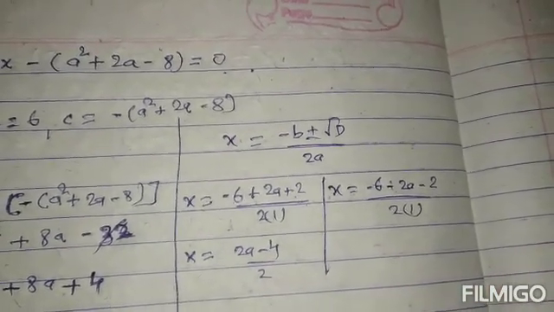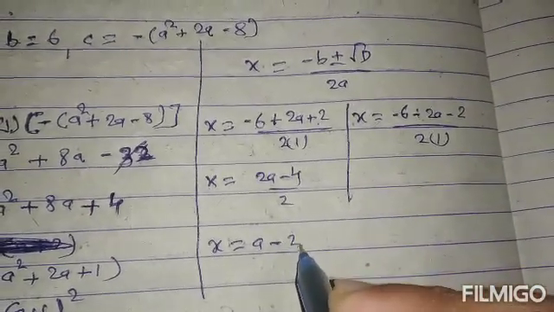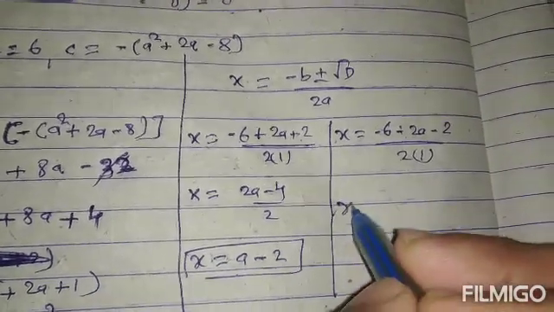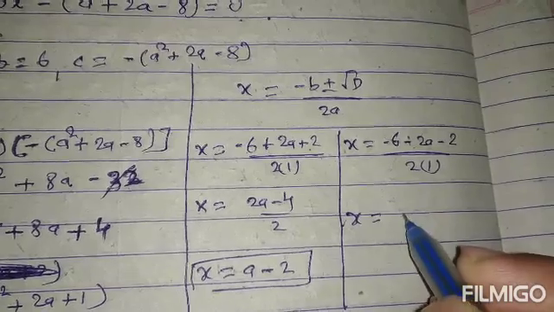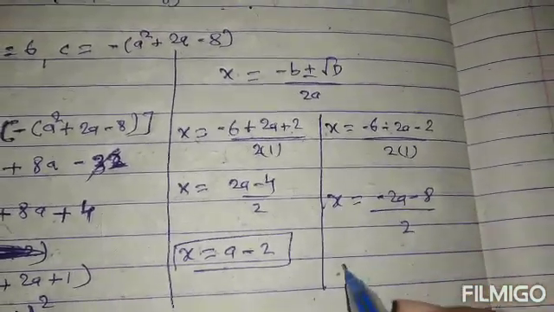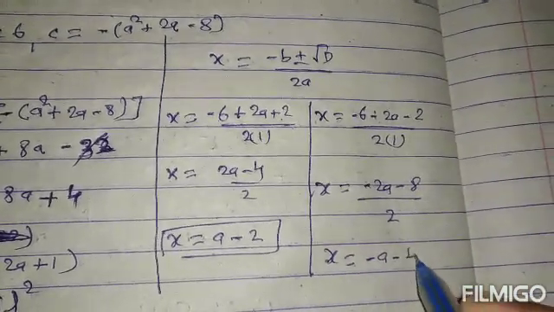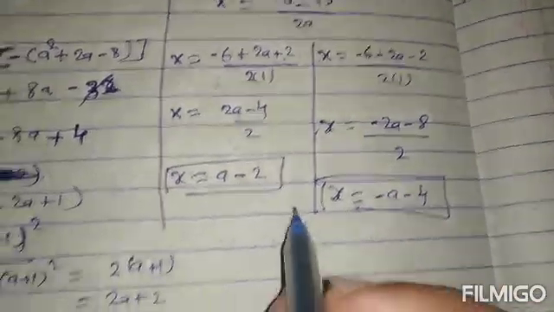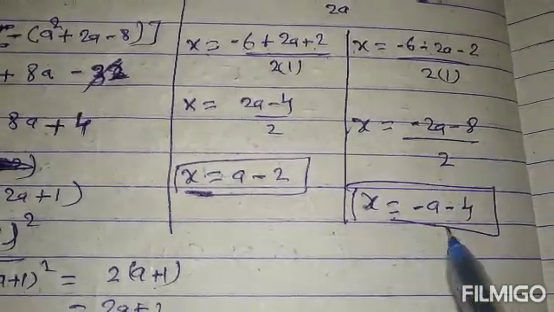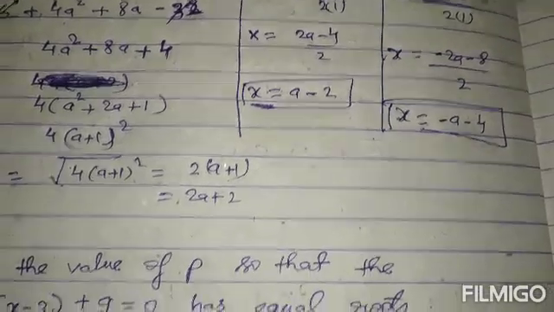Therefore, x is given by a minus 2. Here x equals minus 2a minus 8 upon 2. Therefore, x equals minus a minus 4. Therefore, the values of x are a minus 2 and minus a minus 4. I think it is clear to all of you.